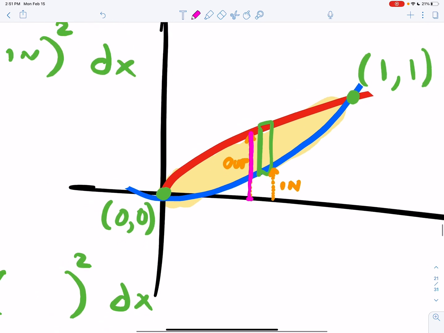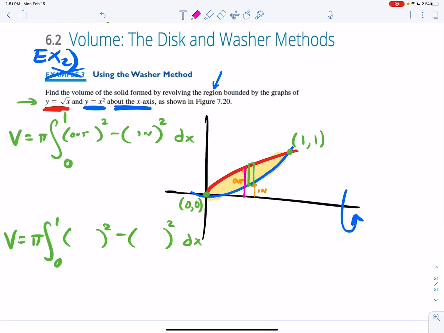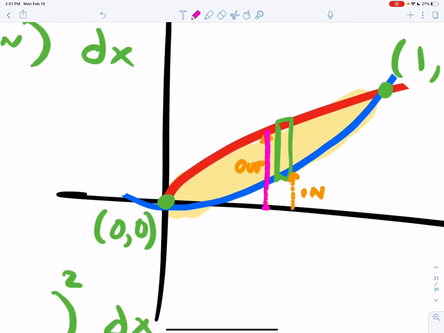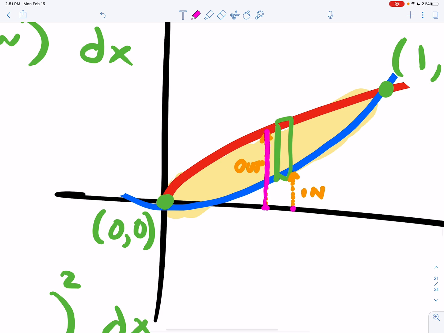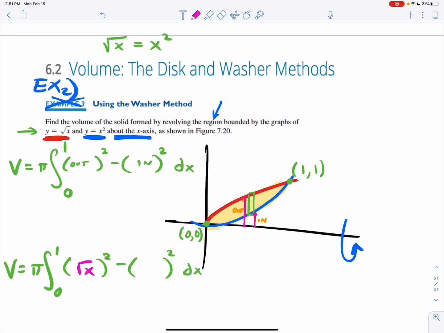So my outside radius is the square root of x. And when I start at the x-axis and go all the way up and hit the blue function, that's really just a parabola, so my inside radius is x squared. It looks straightforward now, but it does get a little bit technical later. Here we go.